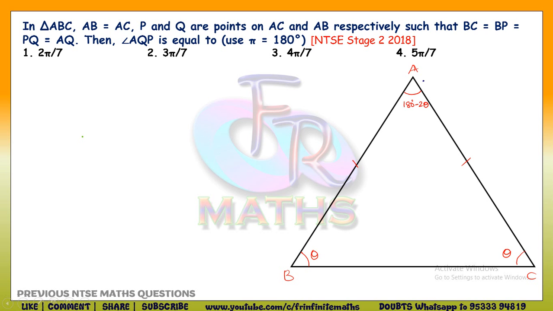Next, moving on to the question. P and Q are points on AC and AB respectively. So P is a point on AC and Q is a point on AB, such that, if I consider this point as P, when I join this, this is my point P on AC, and there is one more point Q which is present on AB, such that the condition given is BC length is equal to BP length is equal to PQ length is equal to AQ length.